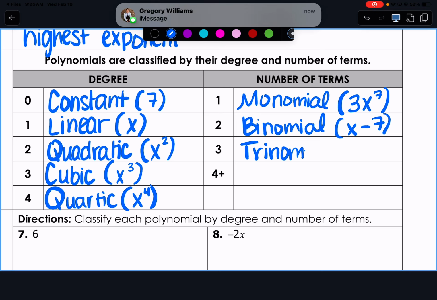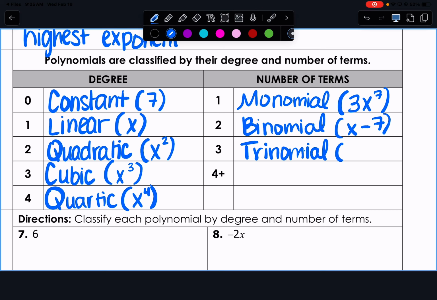In math we use binomial. A trinomial can be like x squared minus 5x plus 7. But when we have 4 or more terms, we strictly use the word polynomial because poly means many.